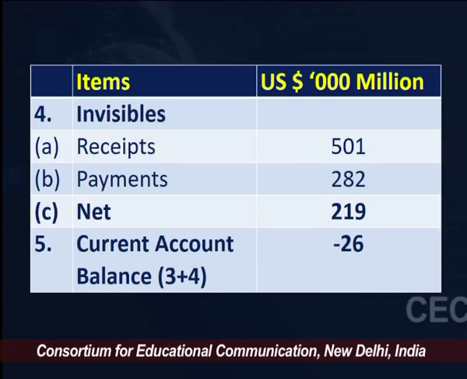Now, invisibles, that is the services portion: receipts are 501, payments are 282. So, there is a net positive result, that is 290. If we add up both accounts, that is goods as well as invisibles, items 3 and 4, then we still have a negative balance, that is minus 26.